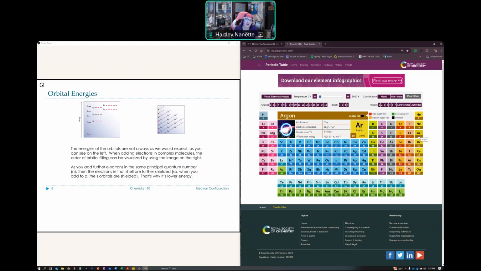It's more favorable to put them in the s block because I get some stability when I have that half full or completely full s block. So I get stability from filling that s before I fill that p or the d. It's more stable filling the s before the d. That's why it happens that way, and that helps us to understand it.